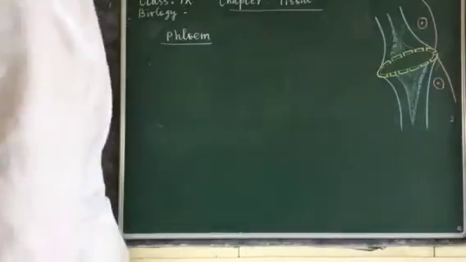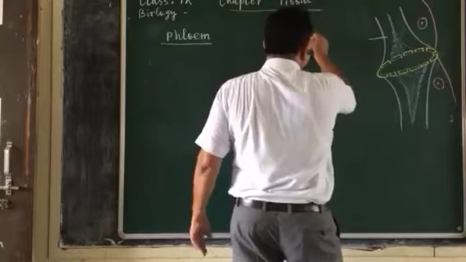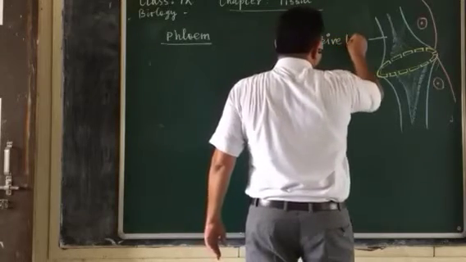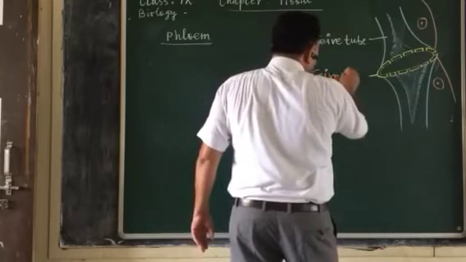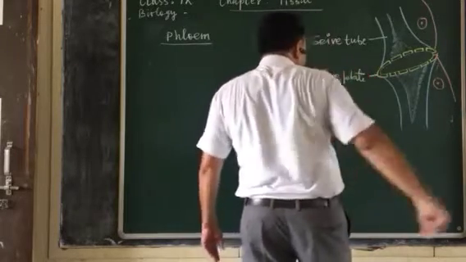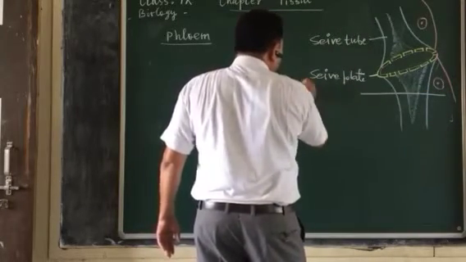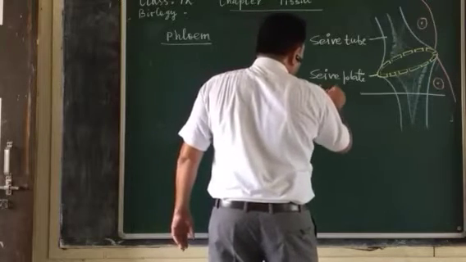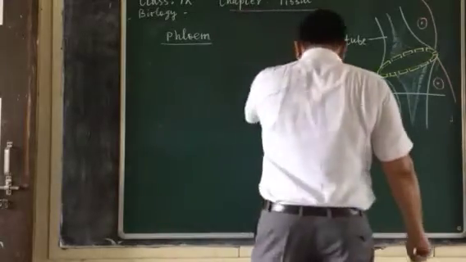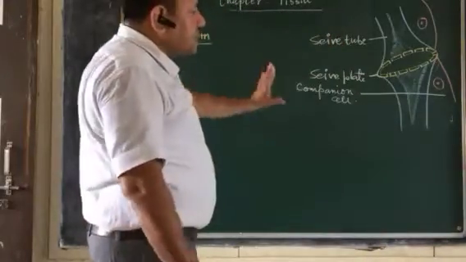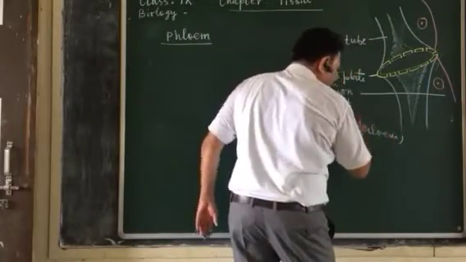So this was the phloem. In this, one is the sieve tube, this one is the sieve plate, and this one is the companion cell. And this is the diagram of phloem.